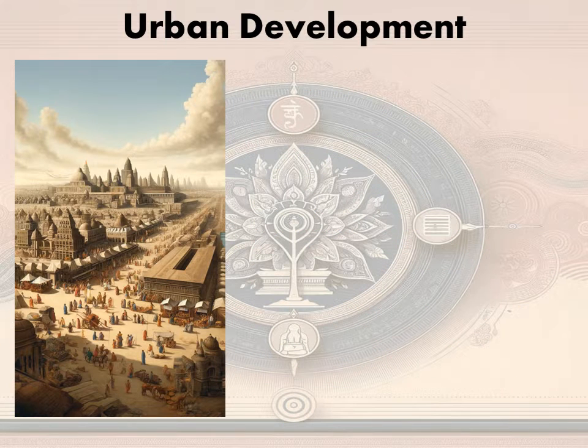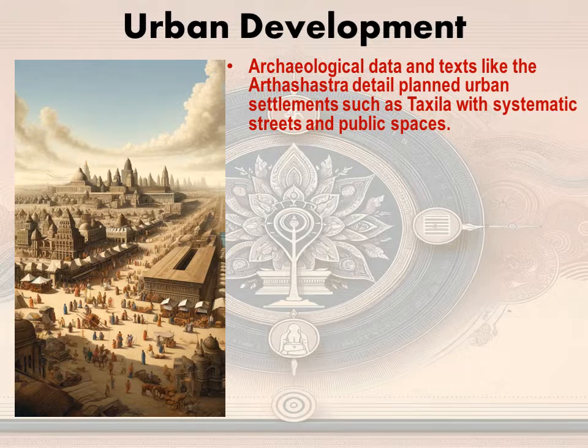Now, how was the urban development? How did the cities grow in the Mauryan Empire? Archaeological data and texts like the Arthashastra detailed planned urban settlements such as Taxila with systematic streets and public spaces.